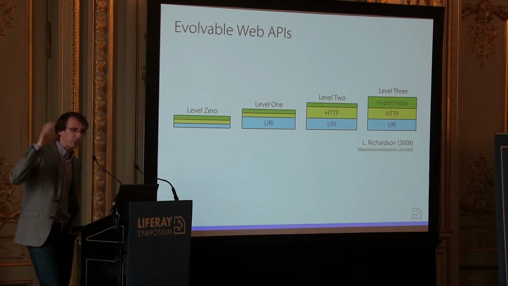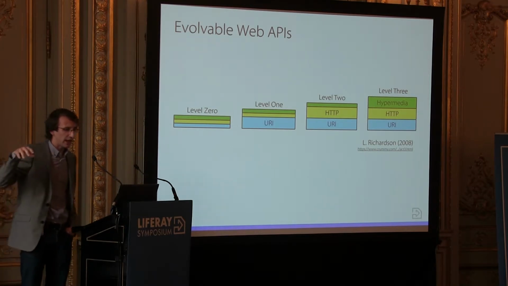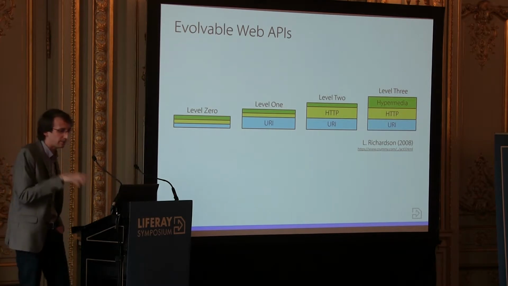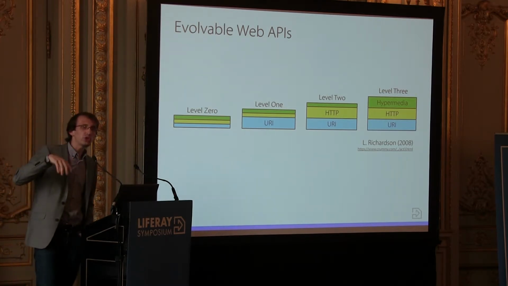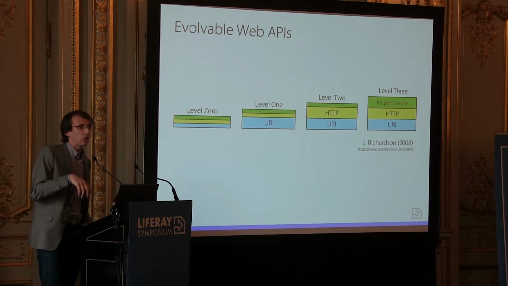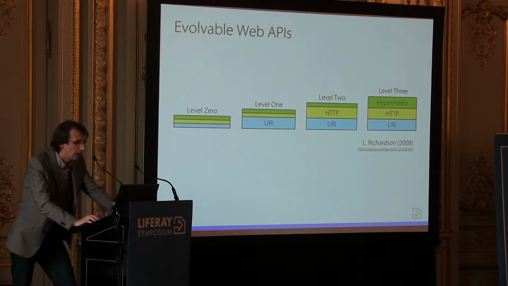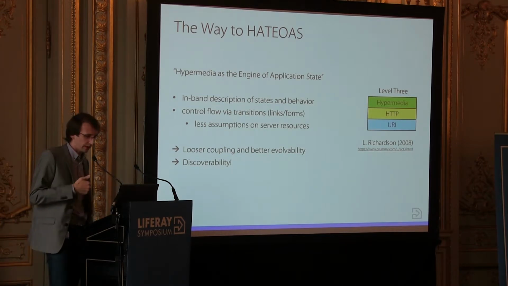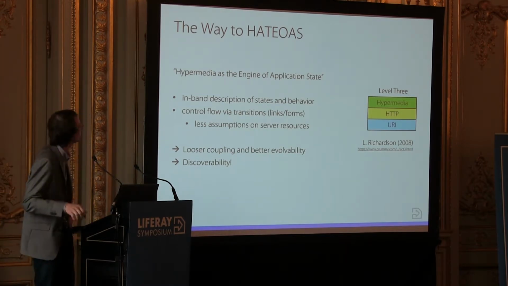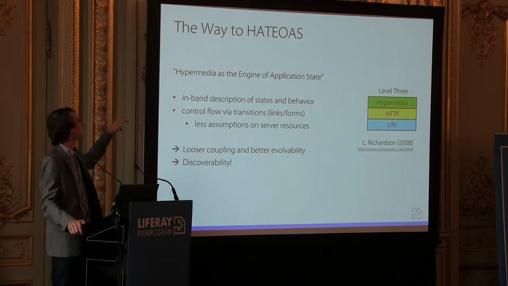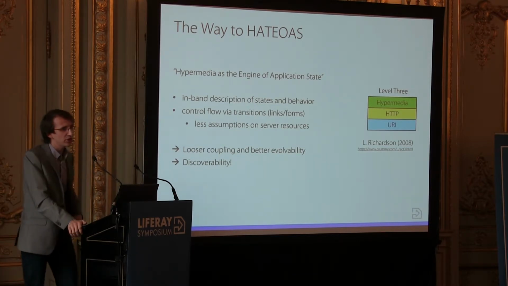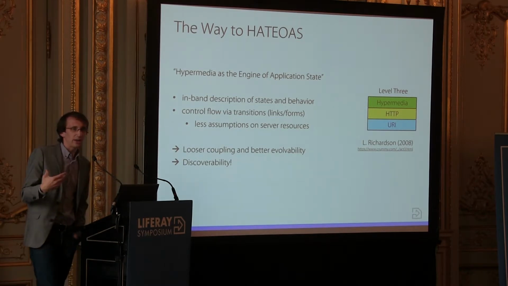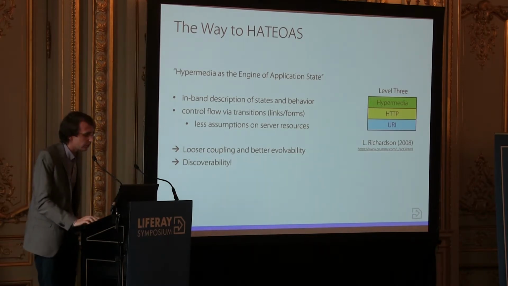So when the REST community is looking at hypermedia as a constraint for building RESTful APIs, what they are usually aiming for is a thing called HATEOAS. Now, what is HATEOAS? First, it's a terrible acronym, but apart from that, it's Hypermedia as the Engine of Application State. This is one of the REST constraints.